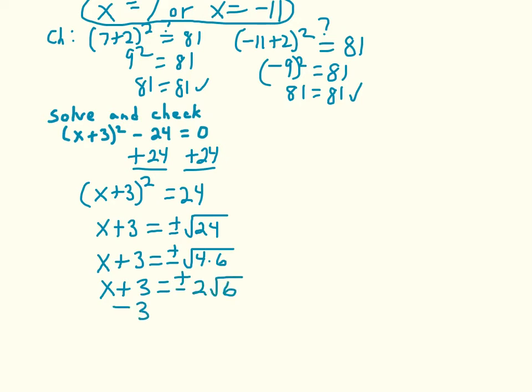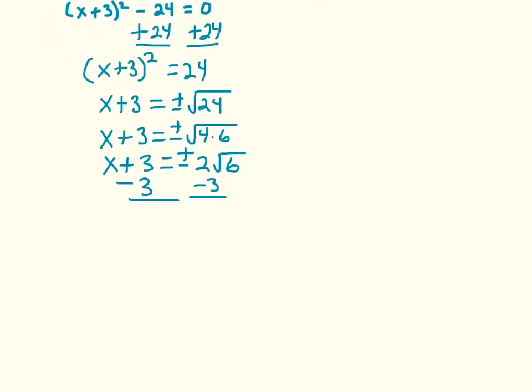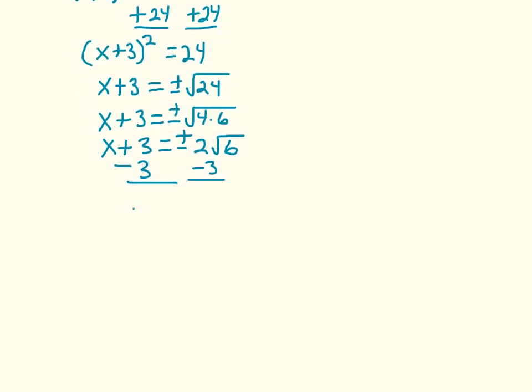I'm going to subtract 3, and it's customary in this situation to write x equals, we're going to put the negative first, and again this is expressing two different solutions. So one of my solutions is negative 3 plus 2 root 6, and I can't add these, they're non-like terms, or negative 3 minus 2 root 6.